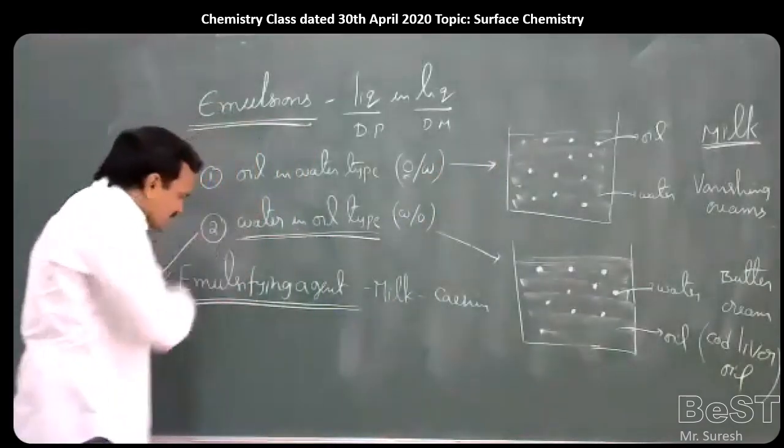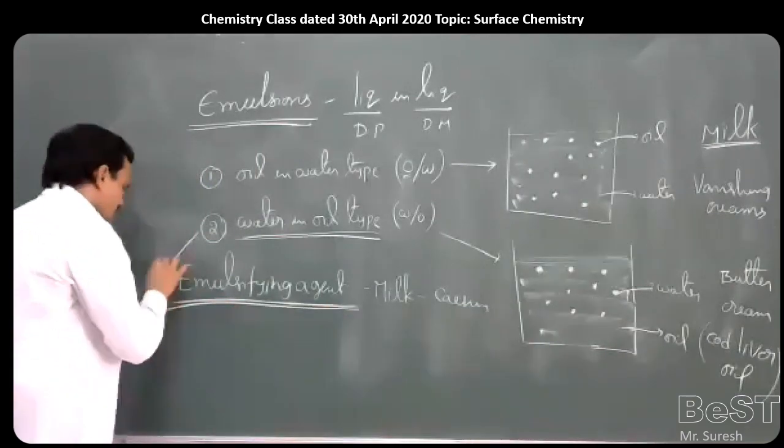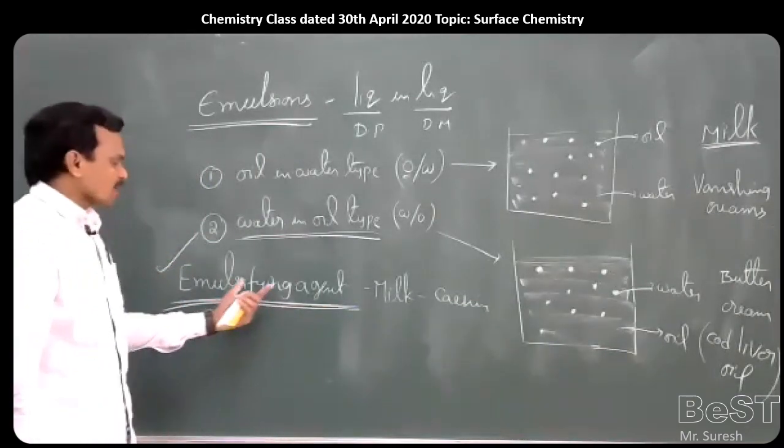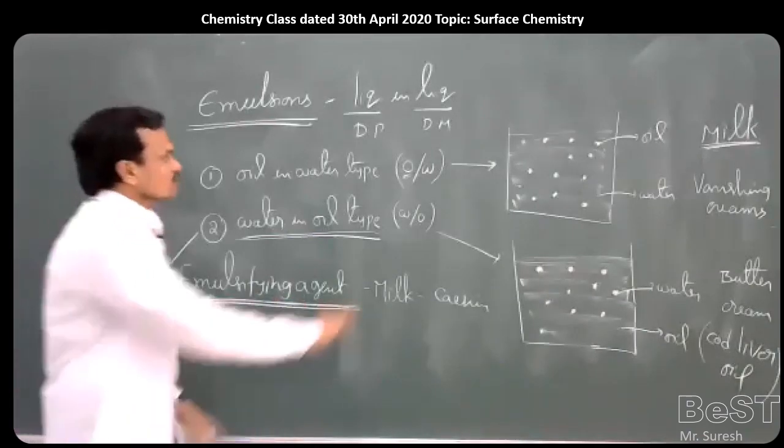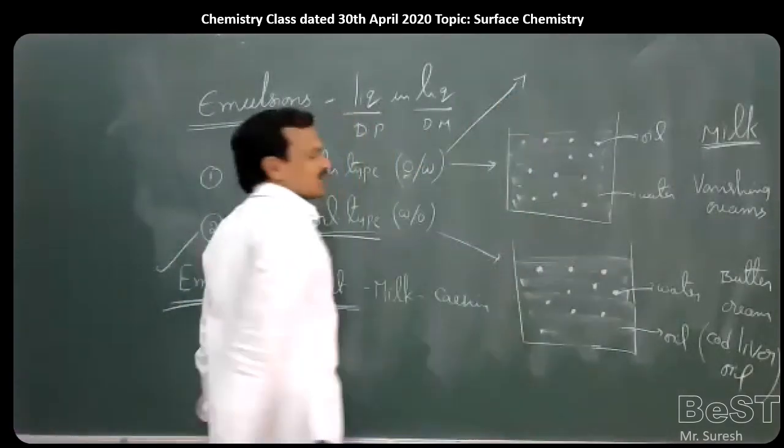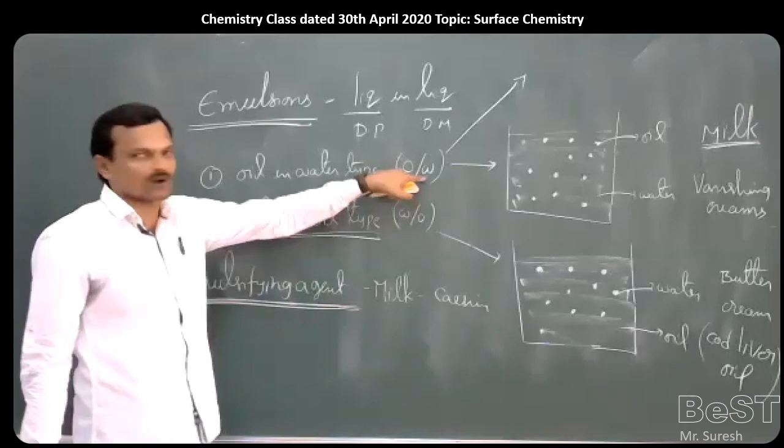Other than milk, for the remaining emulsions we should add an emulsifying agent in small amounts. Generally, what are the emulsifying agents used for oil dispersed in water?